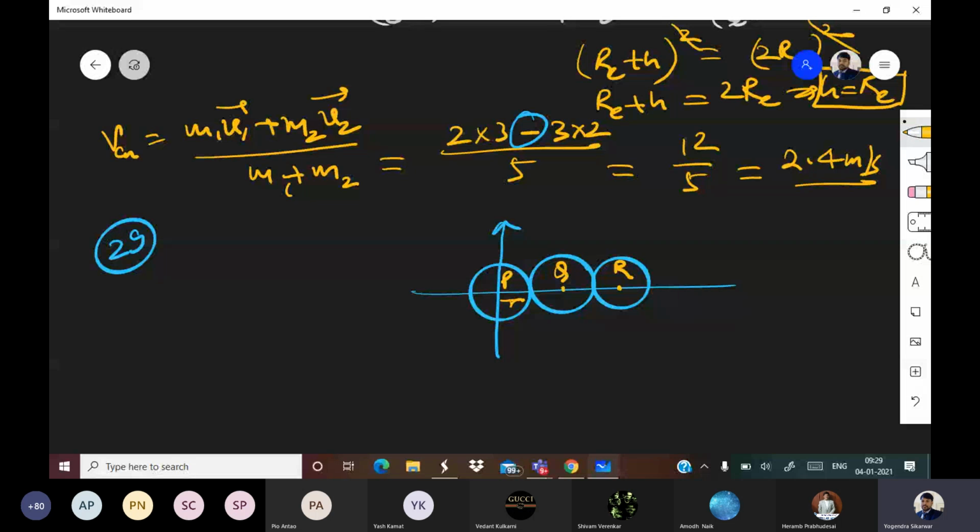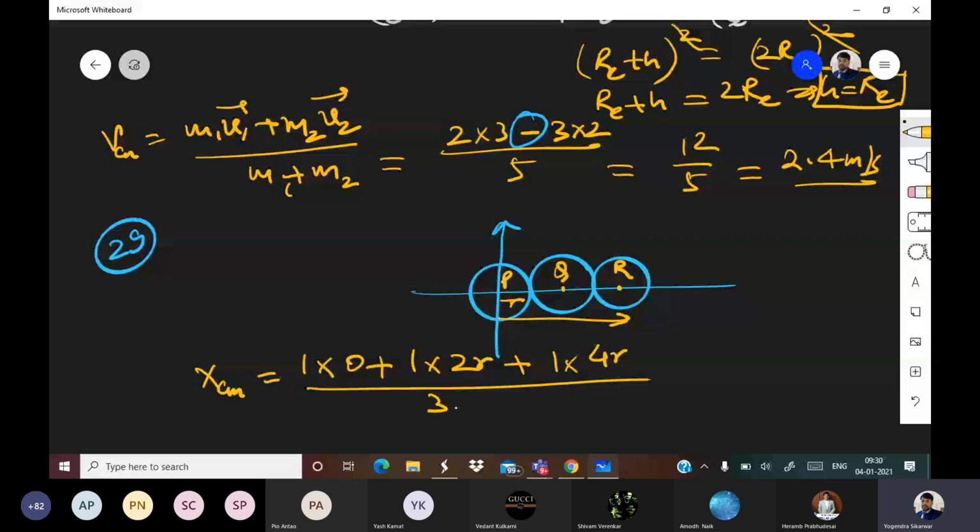So the distance of the center of mass of the system from P is, pay attention. We are calculating XCM. So m1 is 1 into 0 plus m2 is also 1 into 2r plus m3 is 1 into this distance, which is r plus 2r plus r, 4r, upon the total mass, that is 3.